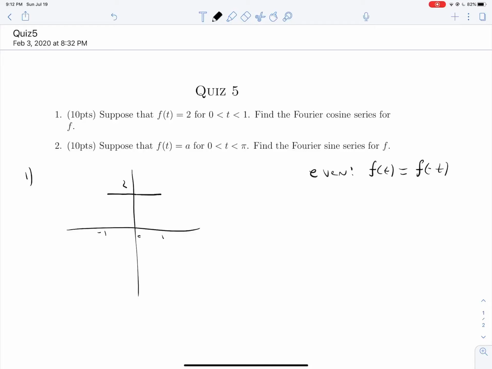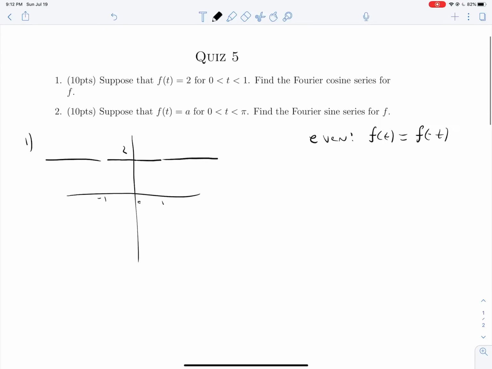And if this is one period of our function, then if we extend it out, here's another period, we're just going to get a line. Our line is at f of t equal to 2. So that is our function.